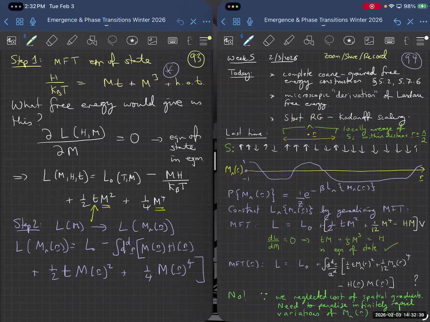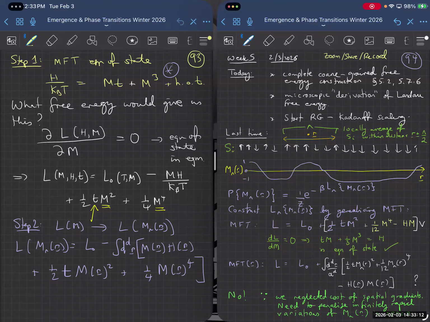All right, so last time we were very conscious about the different levels of description that we use. So here at the top level, we start off with our microscopic description of spins defined on a lattice, either up or down. And then we constructed a coarse-grained description where we said, let us take a local average of the spins within a distance of this continuum point R, plus or minus this window size lambda over 2.